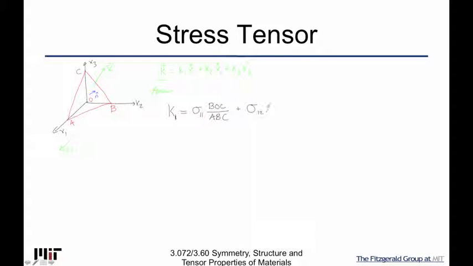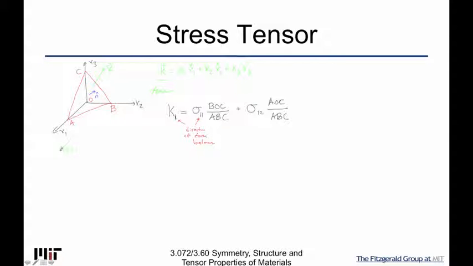Sigma 1, 2 is going to be AOC, because remember this is sigma 1, 2, AOC is perpendicular to X2. So that's still sigma in the one direction, but this first one here is referring to the direction of force balance.